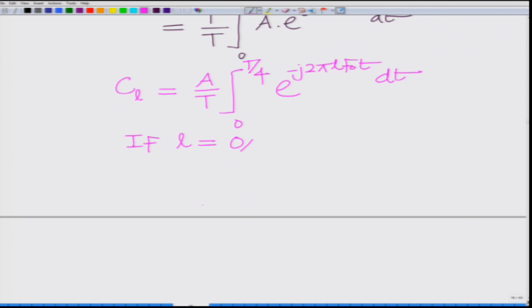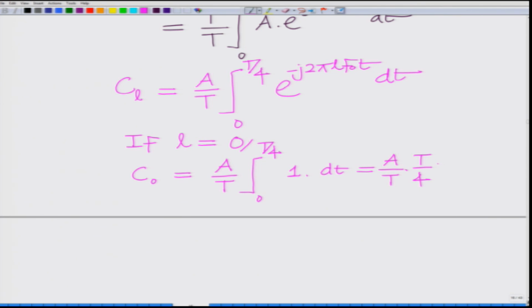let us integrate this, let us carry out this integration considering two separate cases. One, if L is equal to 0, that is C 0 is A over T integral 0 to T by 4, since L is equal to 0, this will simply be 1 times dt. So, this is A over T times T by 4.